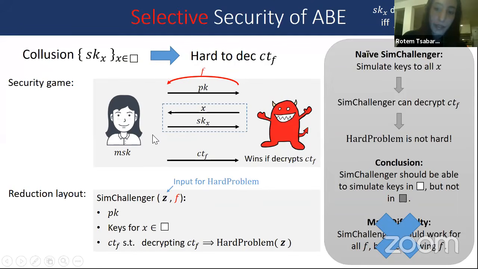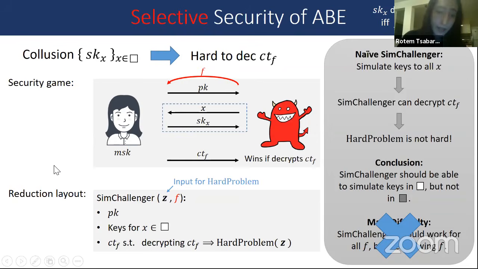So the way that it is translated to the security reduction is that now we only need to come up with a simulator that also gets F as input. So it gets the computationally hard problem, but it also gets F, and then it can act according to this F, and it can generate the public key in such a way that later it is only possible to generate respective keys for the non-authorized attributes.